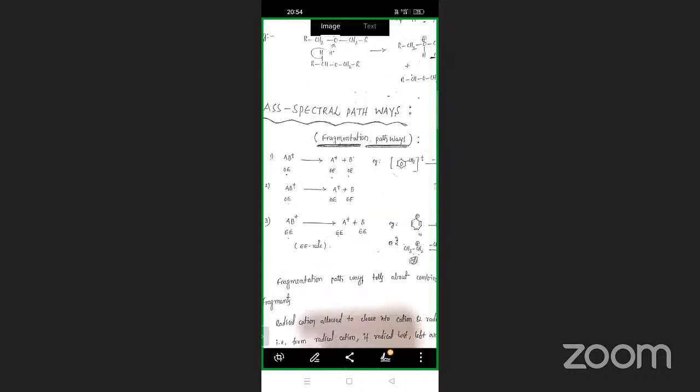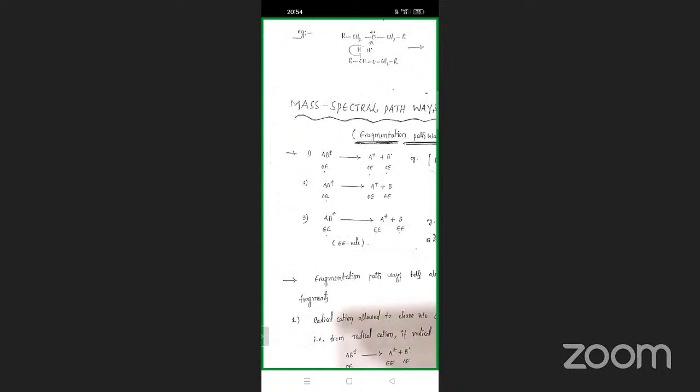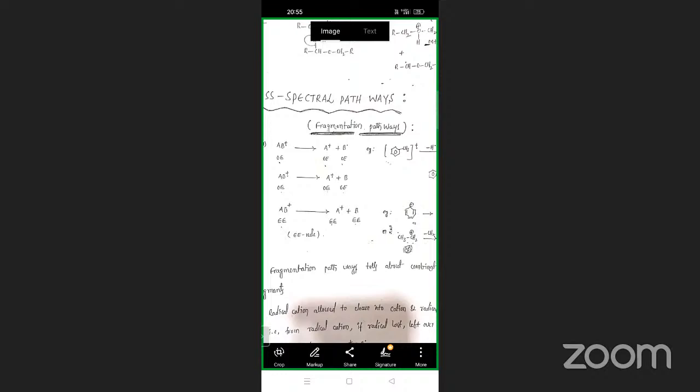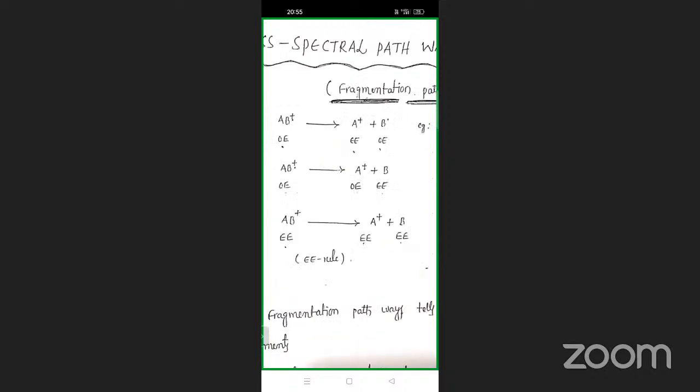Okay, so mass spectral pathways, the fragmentation pathways. Here is a molecular ion, a molecular ion with an odd electron.